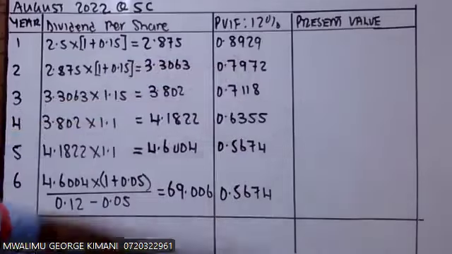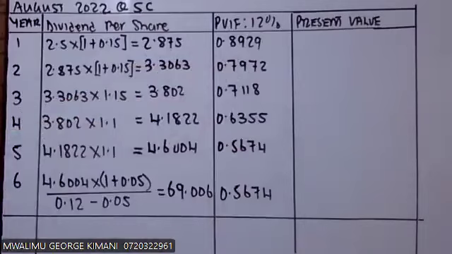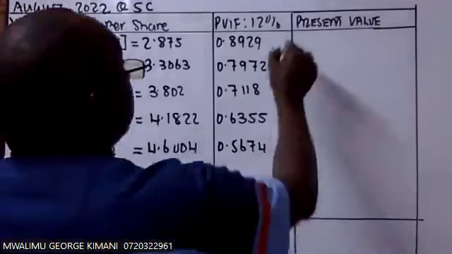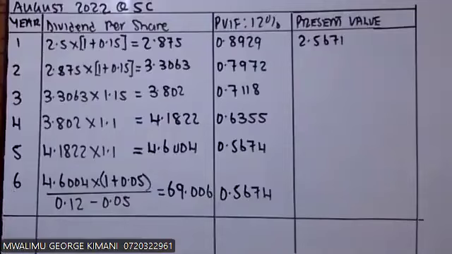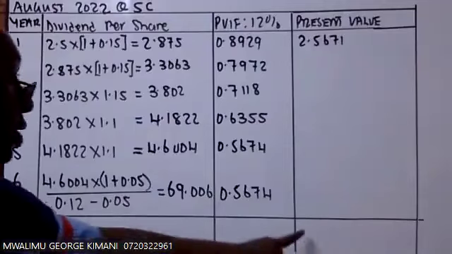This times this. 2.5671. Continue that way and give me the total down here.